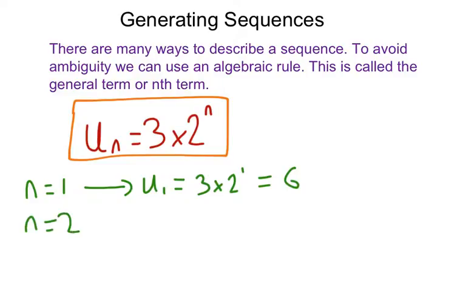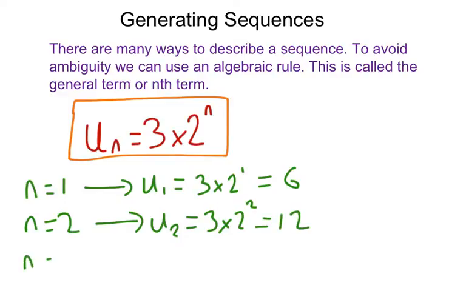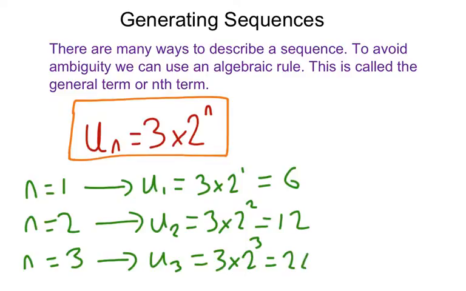The second term, when n is 2, we get u2, which is 3 times 2 squared, which is 12. If we want the third term, we get n equals 3. We get u3 is equal to 3 times 2 cubed, which is 3 times 8 is 24.